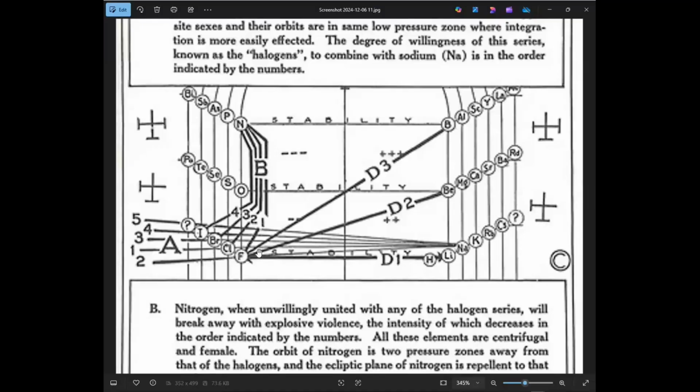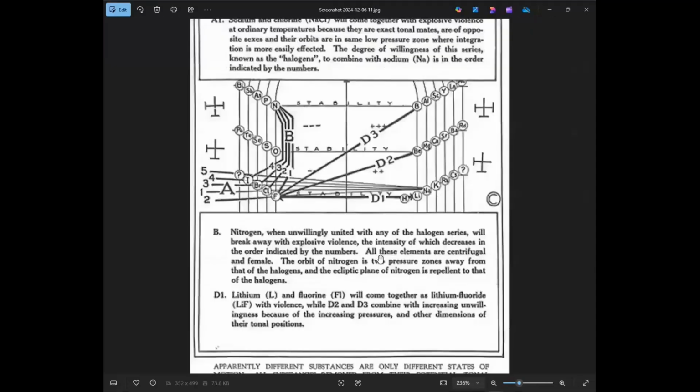You could have a semi-stable negative fluorine and a positive beryllium, but if lithium comes in, which is on the same pressure zone, it's going to kick beryllium right out, and it's like, this is my true mate, and nothing can stop us from being together. They're going to neutralize each other.